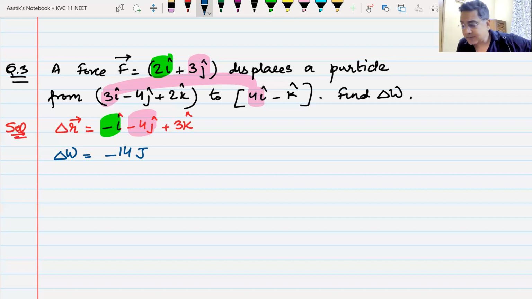Anyone got this answer? No one got this answer? Anyone got this answer, beta? I'm asking you something. Anyone got this answer?